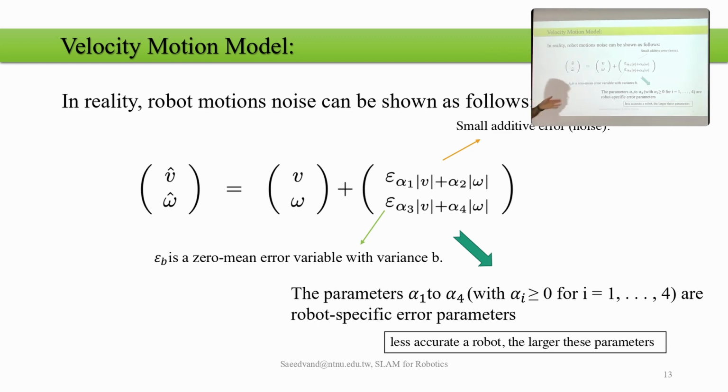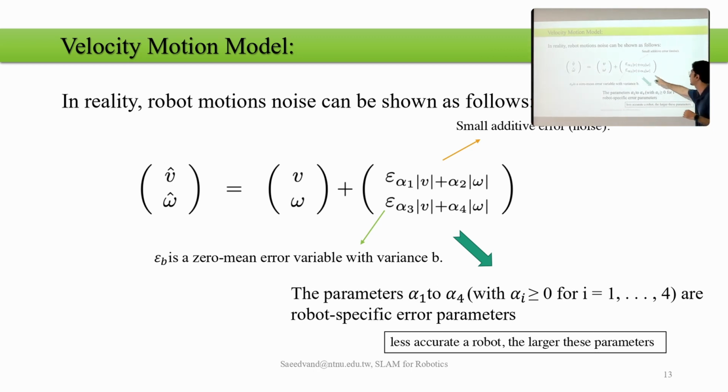What does it mean, straight movement and rotation? Let me give an example again. Your robot may move and end up here. That is the error that you have on the straight forward movement. And your robot may have error on the rotation, come from there but end up like this.